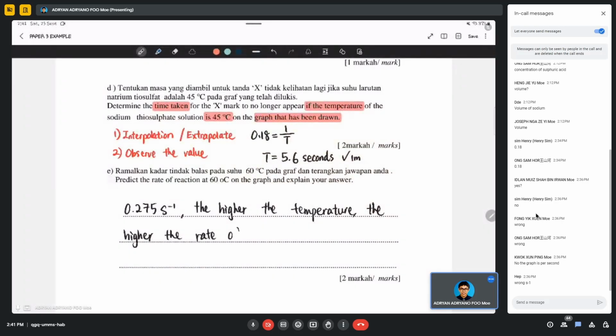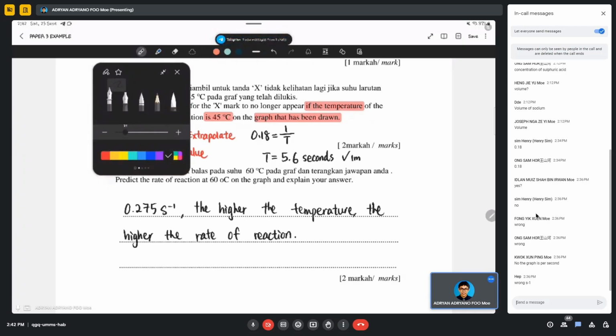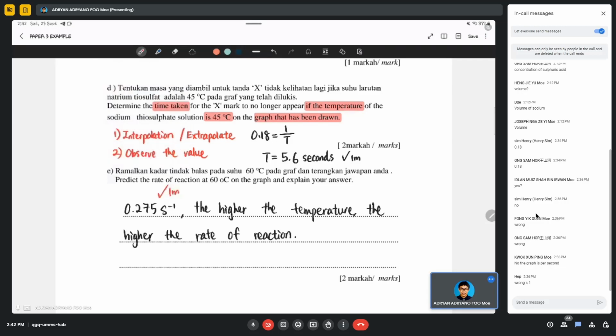In chemistry, when you explain the data you observe, it is actually related to the relationship. Just now I showed this is 1 mark, 0.275 per second. Now here you get 1 mark already. Then for another mark, you explain your answer.